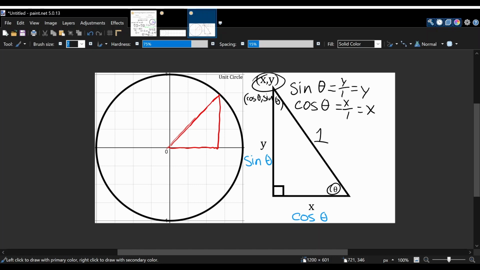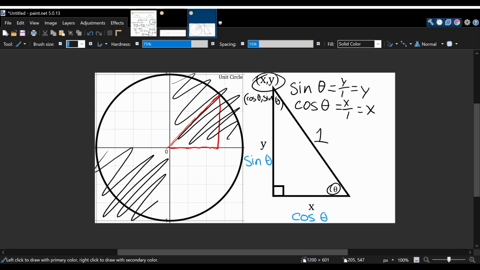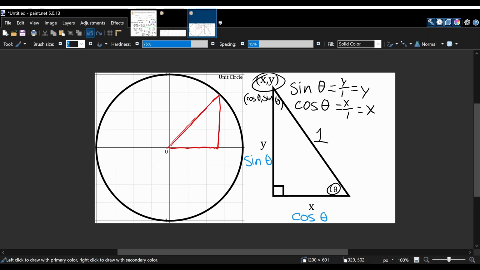And first let's understand quadrants. Quadrants are split by the x and y axis. For example, that's a quadrant, and that's a quadrant. So these each have names. This is quadrant 1.